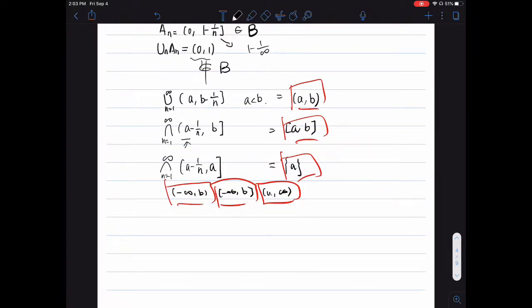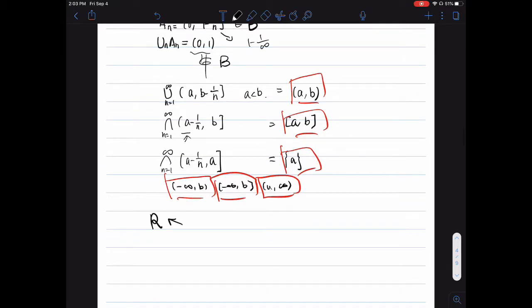Remember, our original sample space is R. And if we want to construct a sigma algebra on R, which means for any subsets of R, we can do any countable union, countable intersection, and complement, and we will always get a result that's still contained in R. What are the different possibilities of intersection of sets in R and union of sets in R?